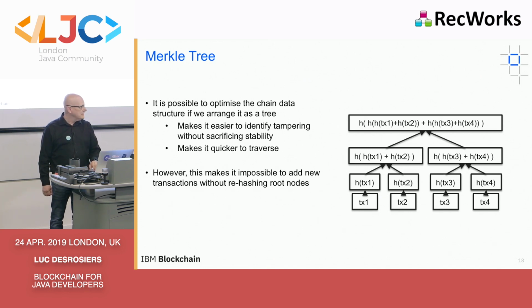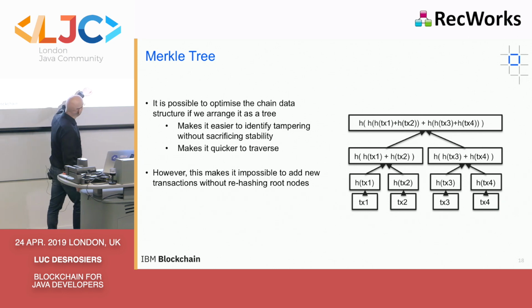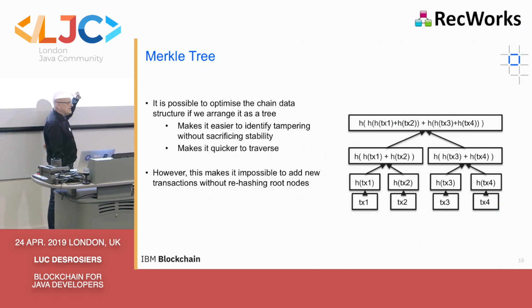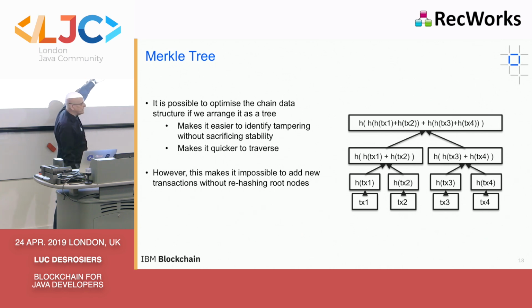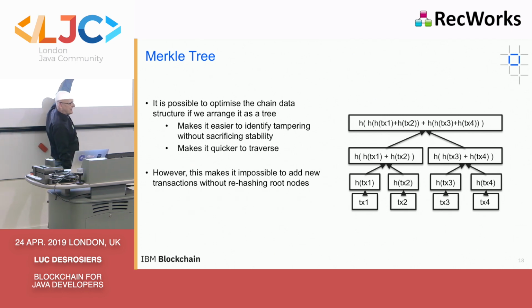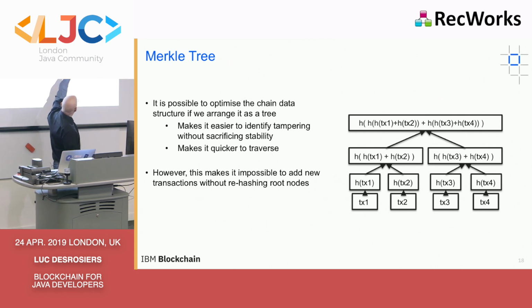Hey, can you explain this slide again, please? Yeah, sure. So the idea of a Merkle tree builds on the idea that you can hash values. If I take transaction 1 and I hash it, I'm going to get a value. I can do that with all of my transactions. Then I can assemble those into a hashed value: transaction 1 and transaction 2 hashes get added together and then hashed again, and the same thing for transaction 3 and 4, all the way to the root.